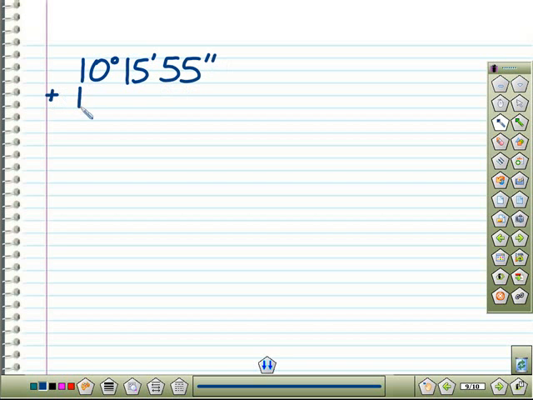Let's look at this problem. Let's do some arithmetic with degrees, minutes, and seconds. Let's suppose we've got 10 degrees, 15 minutes, 55 seconds, and let's add that to 12 degrees, 10 minutes, and 10 seconds.